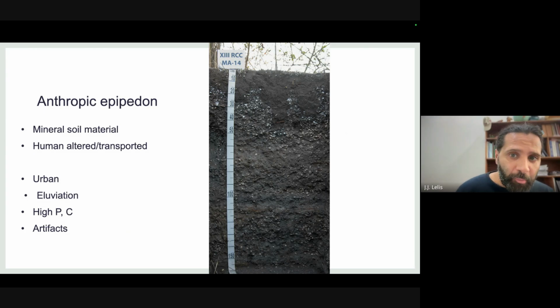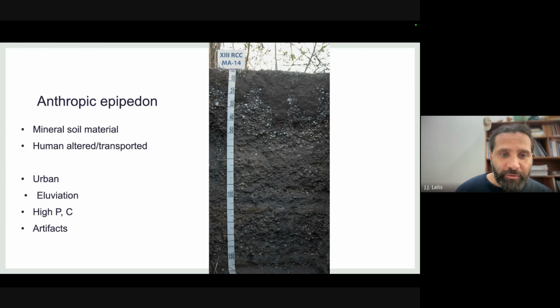So the organic carbon content is below 12%, and it has some strong influence of humans. So I need to identify any kind of human action that deeply affected the properties of that specific horizon. So I can register any kind of materials that was altered, added, transported, removed by humans, okay?